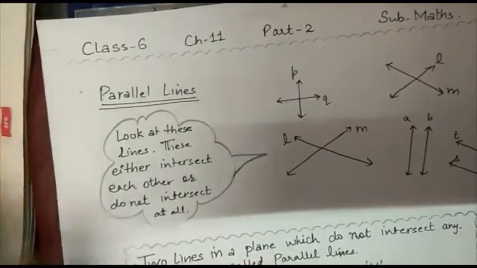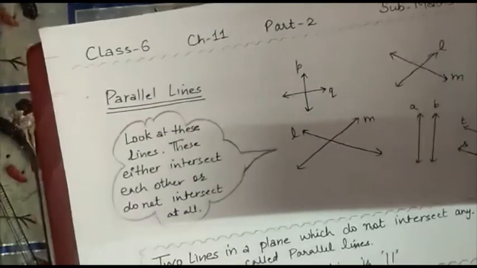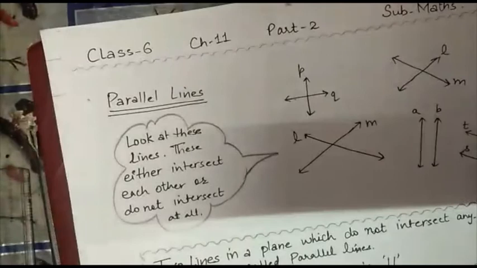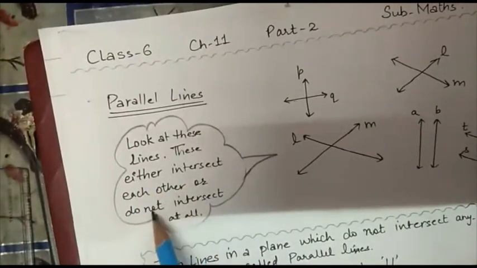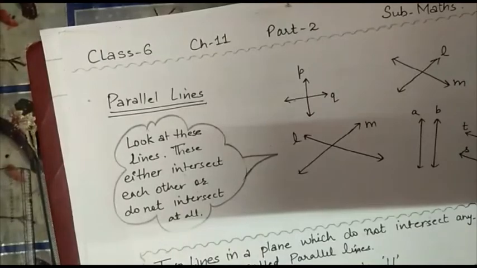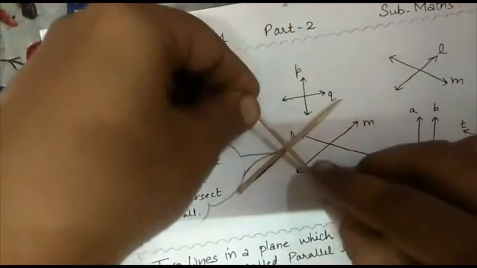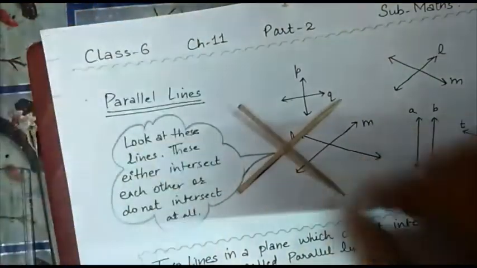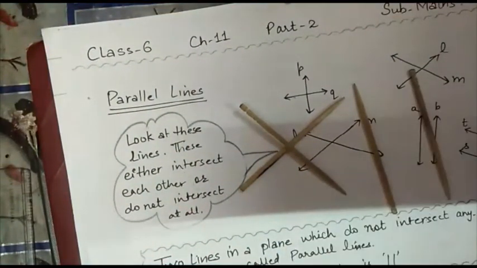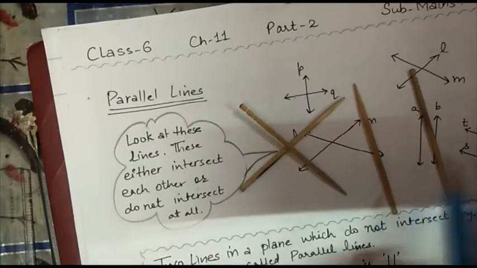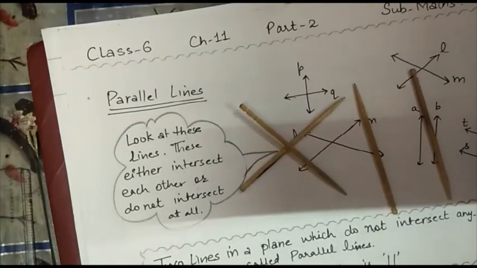Next we will discuss parallel lines. Now look at these lines. These lines either intersect each other or do not intersect at all. See, once again I am showing you. Suppose these are line segments. I can form them like this. There are two options. Either the lines will intersect or they will become parallel to each other.